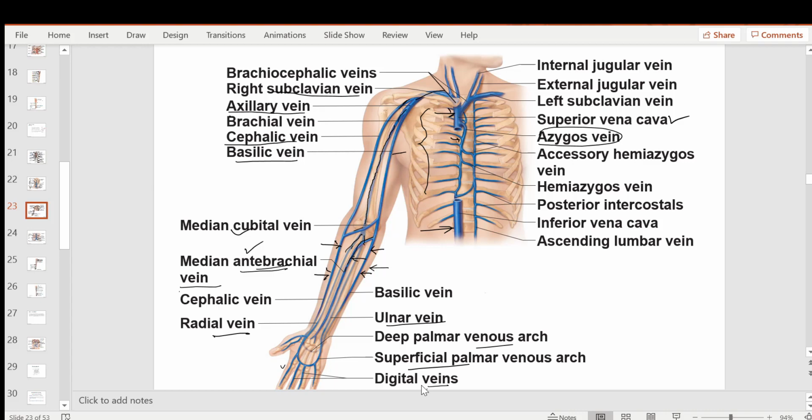Now, azygos means unpaired, so we have only one azygos, and it is located on the right side, along the right side of the vertebral column. You see, this is the vertebral column, right? Your spine. So the azygos is on the right side, and it mainly receives blood from the posterior intercostal veins.